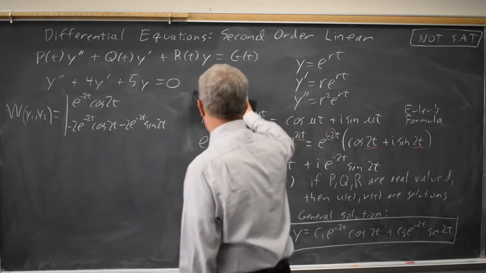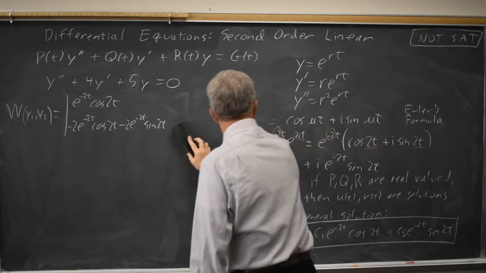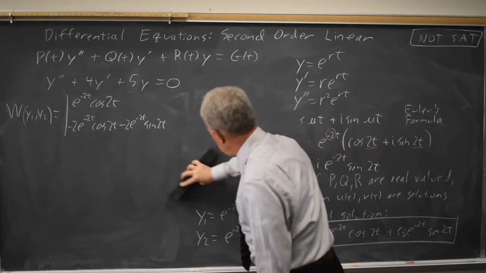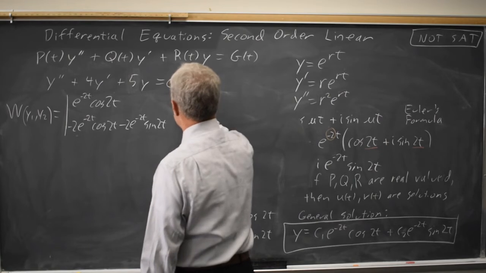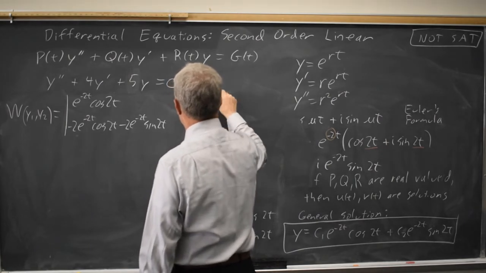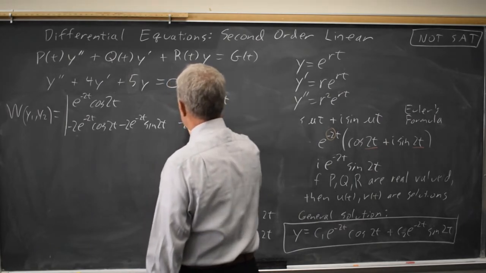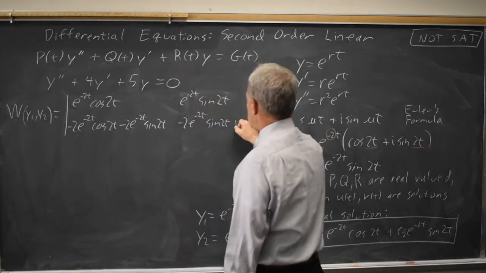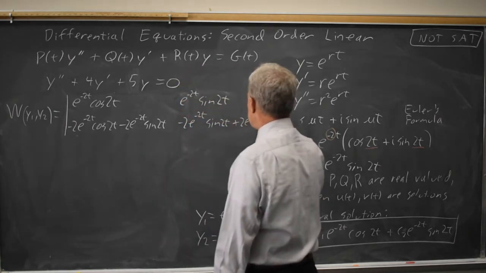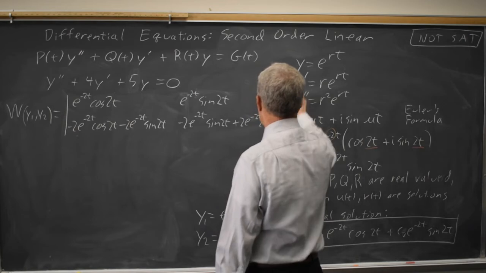I guess I have to erase some of this. My second column is e to the negative 2t sine 2t and negative 2 e to the negative 2t sine 2t plus 2 e to the negative 2t cosine 2t.